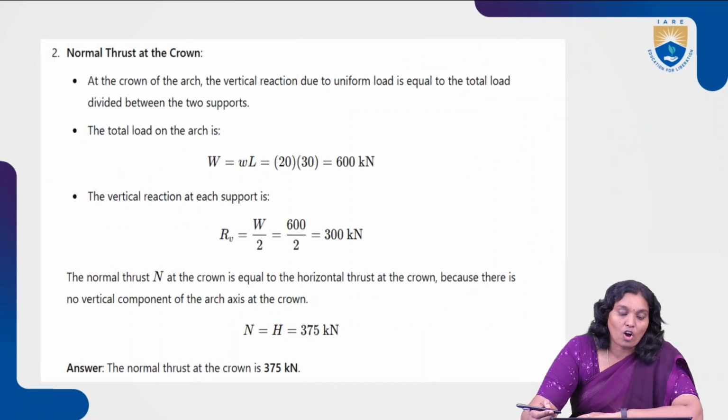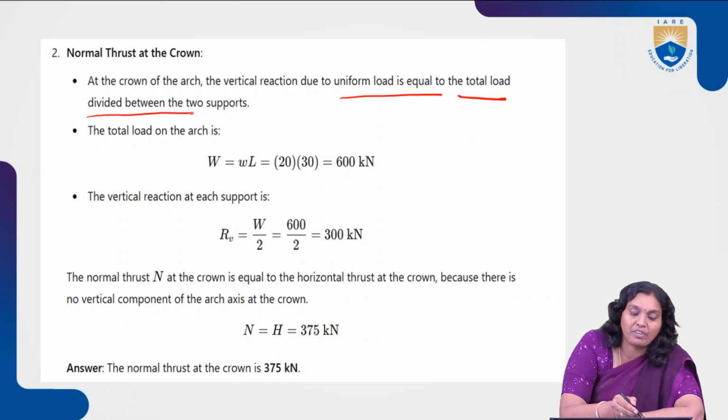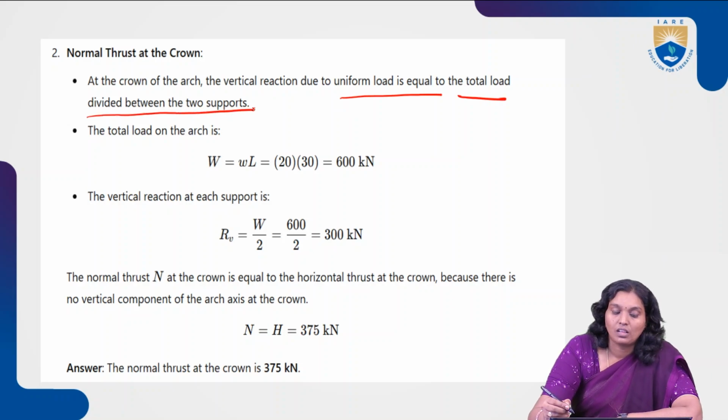So for the normal thrust at the crown of the arch, the vertical reaction due to the uniform load is equal to the total load divided between the two supports. Why do we consider it like this?